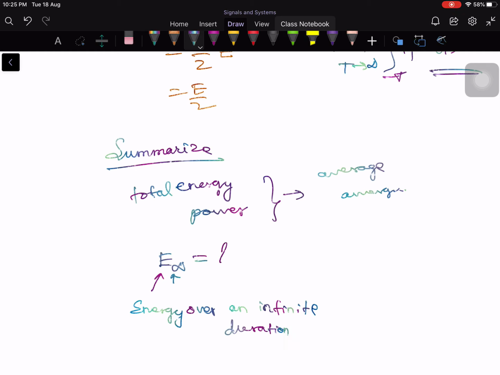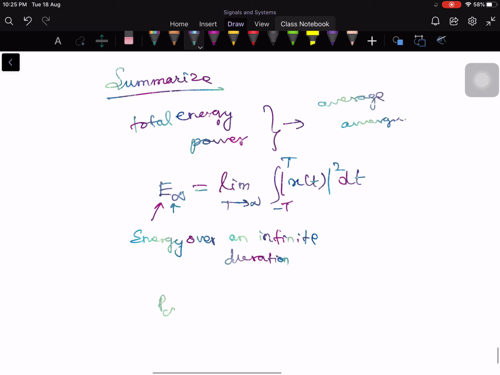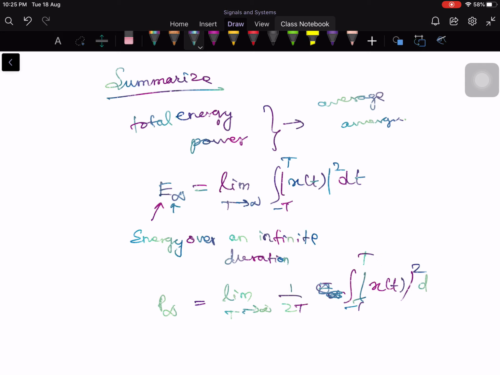So the formula is limit t goes to infinity, integral of, if the signal is complex, then you take modulus, and dt, otherwise no need to take it. And P infinity is equal to limit t goes to infinity 1 over 2 times t, integral from minus t to plus t, x of t, take modulus and square it, and dt, that's it.